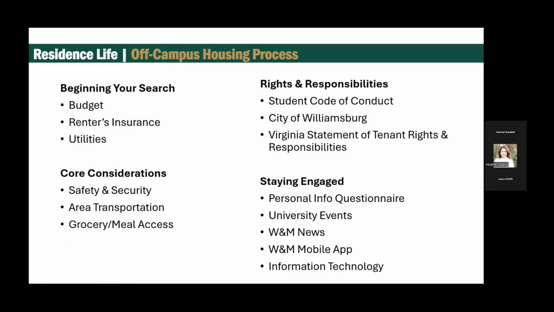And then stay engaged, with personal info questionnaires and university events. If you do move off campus, make sure that you're staying connected to the on-campus community and aware of the events happening on campus. The William and Mary News and the mobile app are really important, and then just being connected.